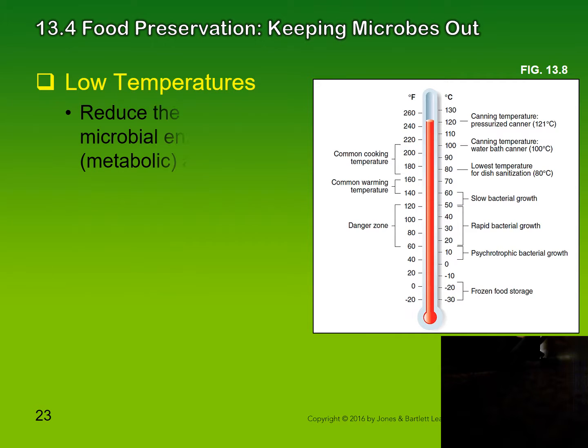Low temperature is going to keep the enzymes of the microbes from actually working. Okay, and so without any enzyme activity, the microbes both can't eat and they can't do the things they need to be able to divide.